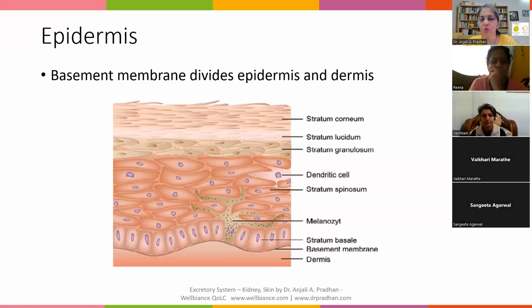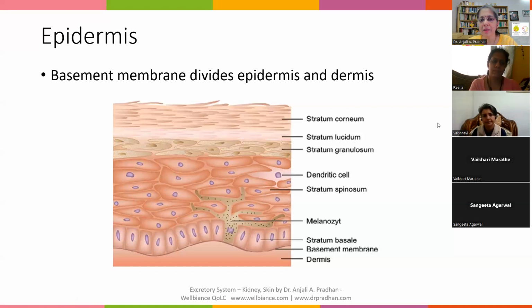As they start moving up, they will lose blood supply. So ये stratum basale से जैसे सेल ऊपर जाते हैं, they form some spine-like structure. These cells they form some spine-like structures, and that is why this layer is called as stratum spinosum.